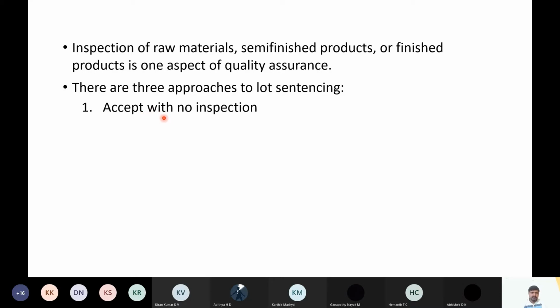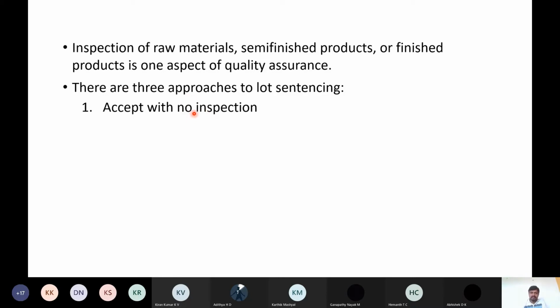One approach is accept with no inspection. Here you are not doing inspection at all, but you are accepting the lot. You can do this when the supplier of the raw material or of the semi-finished products is trustworthy.